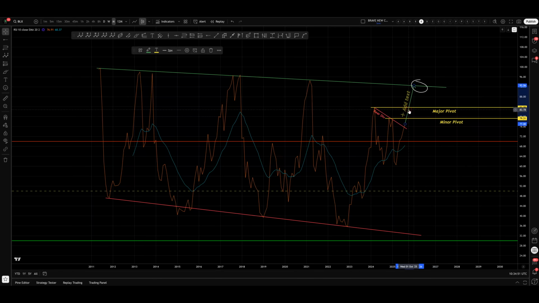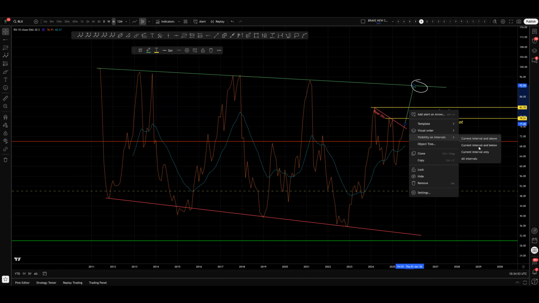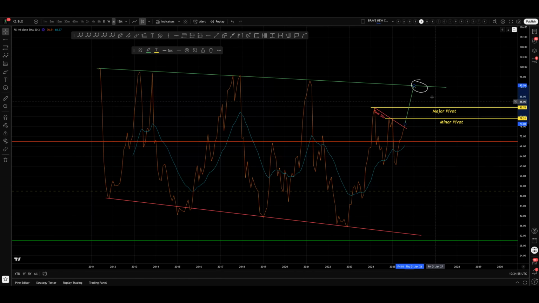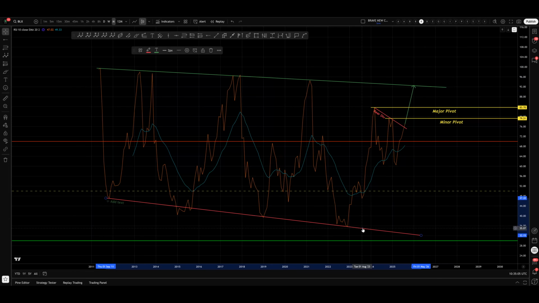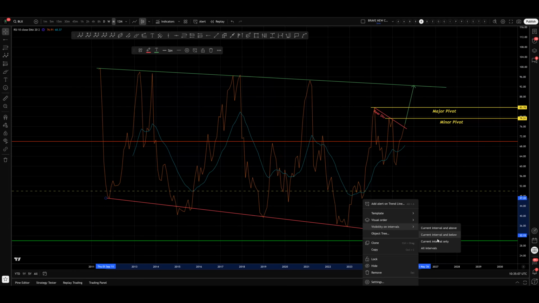So this little arrow here, same with these green lines. Oops, I didn't mean to delete that. Same with this line here, and this line here. So this is just set up for the monthly time frame.